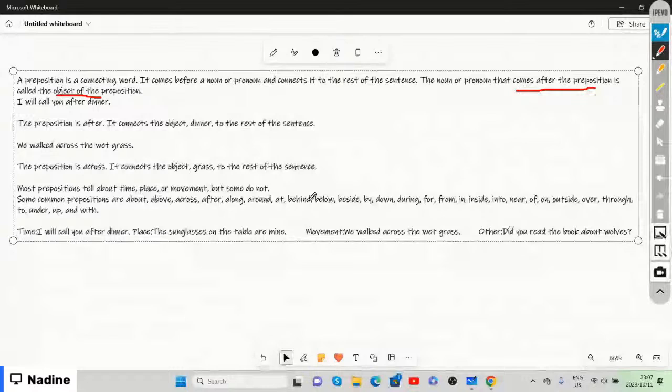For example, I will call you after dinner. So the word after is our preposition.